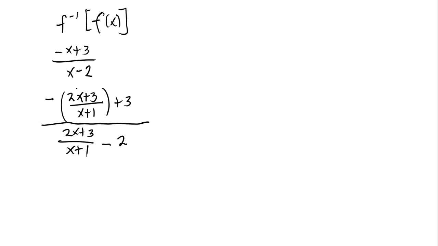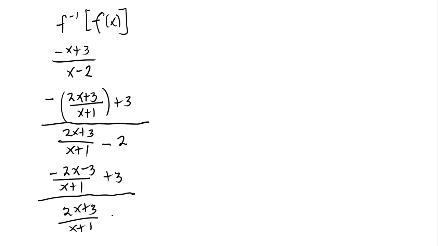So, sa negative po, nakamultiply sa quantity. So, magiging negative 2x minus 3 over x plus 1 plus 3 all over by 2x plus 3 over x plus 1 minus 2. Then find the LCD.